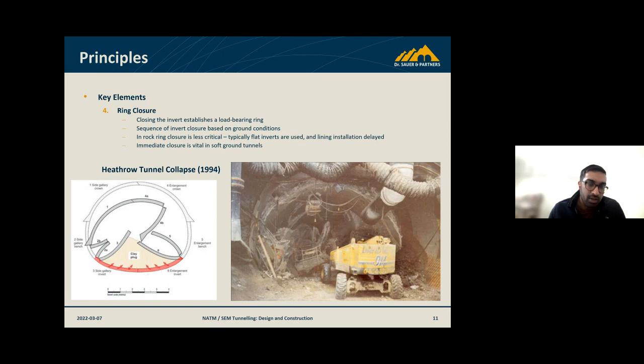And essentially it's this area here whereby they were trying, I don't know if it was shortcuts or a misinterpretation of what the design was trying to achieve, but this element here whereby the final part of the invert needed to connect up and create the full arching effect wasn't done properly, essentially, from what the report says.